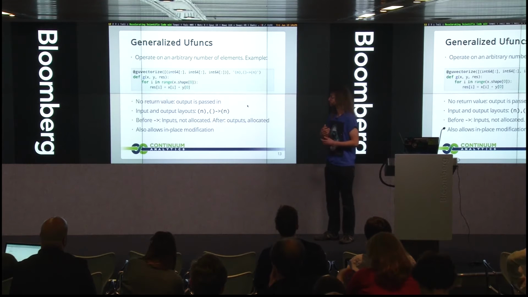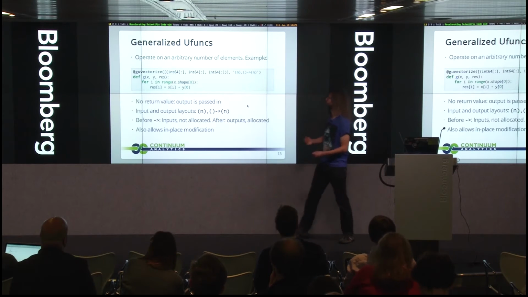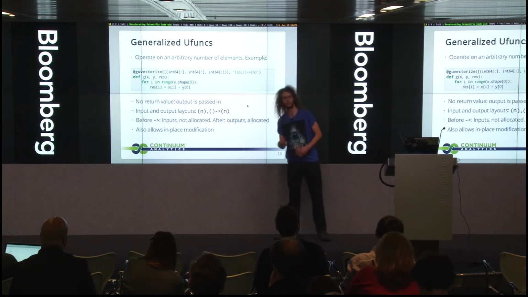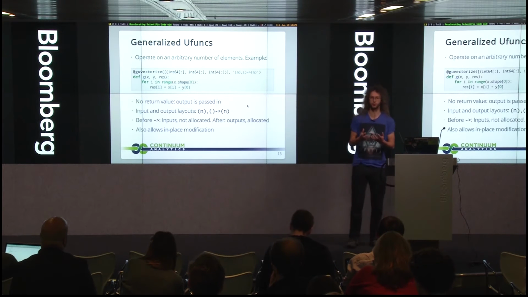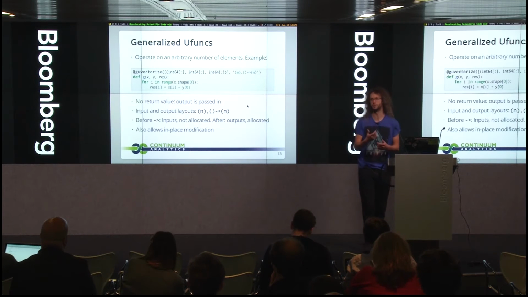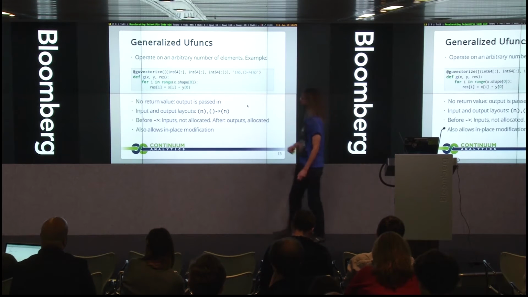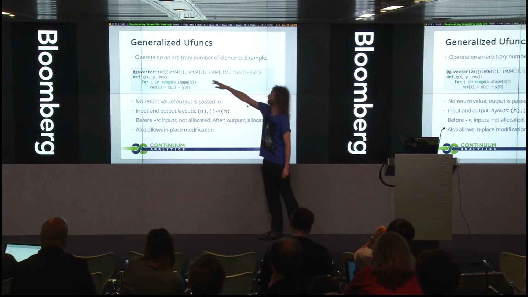To declare a gufunc, you can use the guvectorize decorator, which is like using vectorize, but you would also need to tell Numba something about the inputs and outputs to the function. There are two things it needs. The first thing it needs to know is the types.